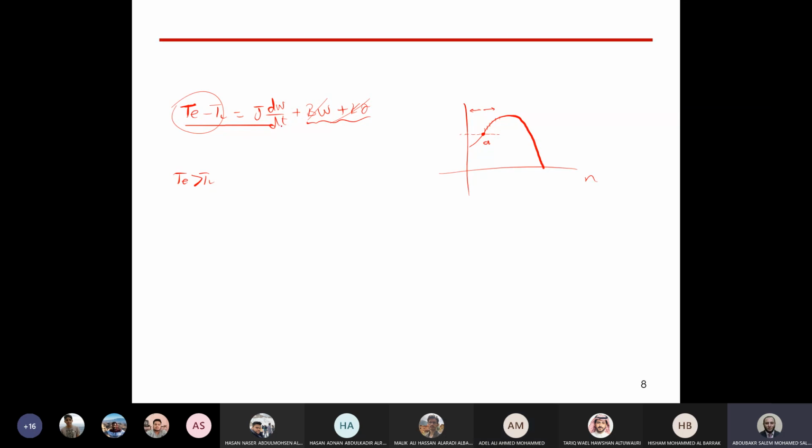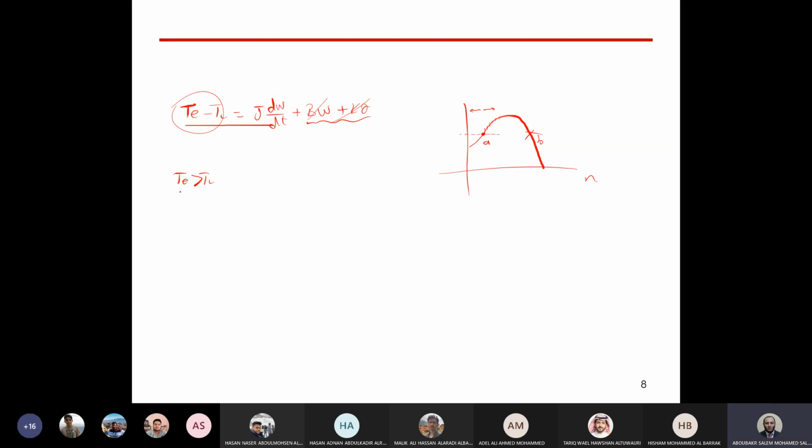More acceleration means T electric will be very large compared to T load, which means if a disturbance happened here and electric torque became greater than TL, it will not return back again. To return it back, it needs a forced technique, which is closed loop control, to return the operation to the certain point again. So this is now considered the unstable region. However, let's see together if we are working at point P here.